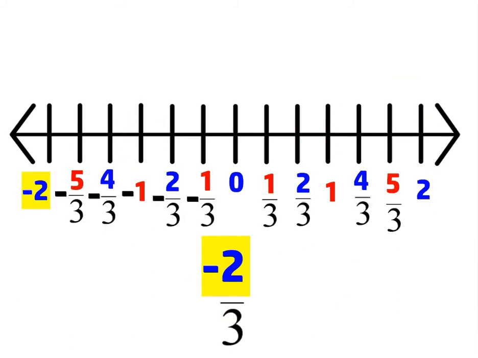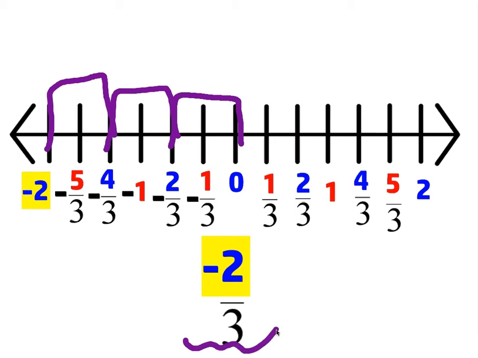Let's take negative 2 and divide by 3. Well, let's break this into thirds. So here's 1/3 of negative 2, 2/3. So here's the three pieces, right? But we'll go negative 2, and we're dividing that by 3, right?